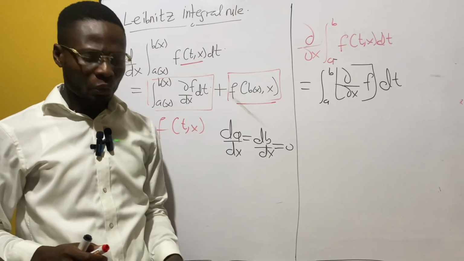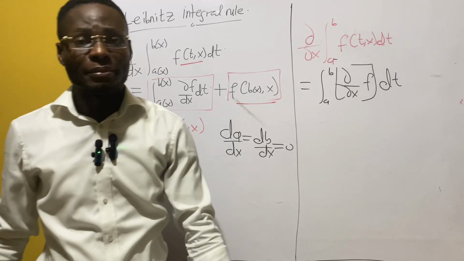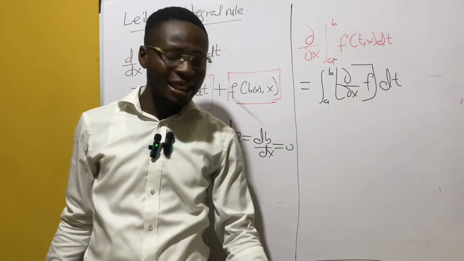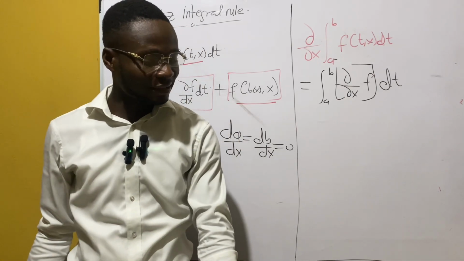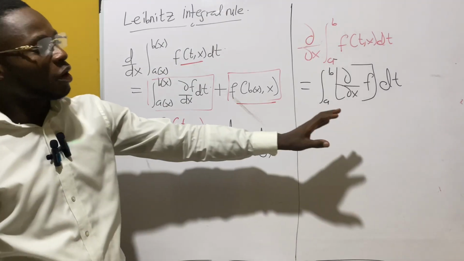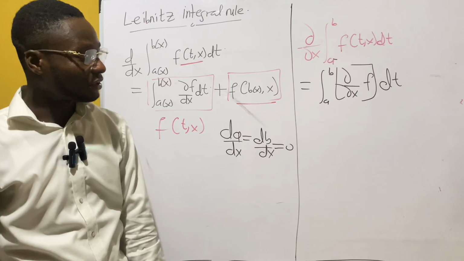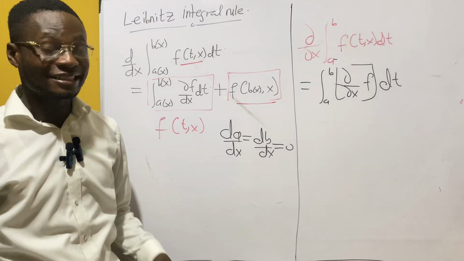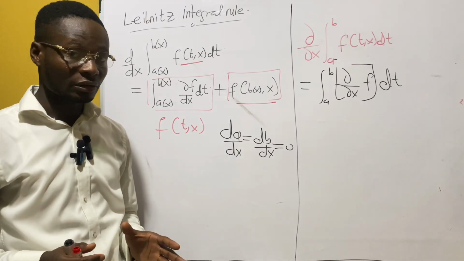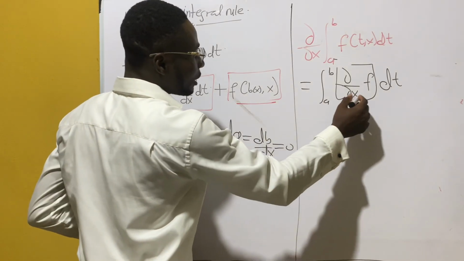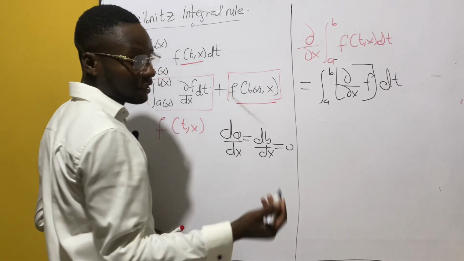This is how we go by the Leibniz Integral Rule. This formula simply means that under certain conditions, we can swap the order of the differentiation and the integration.